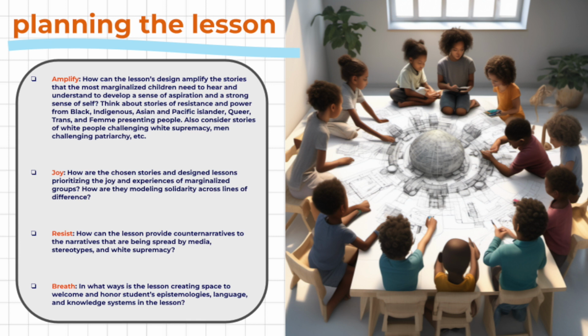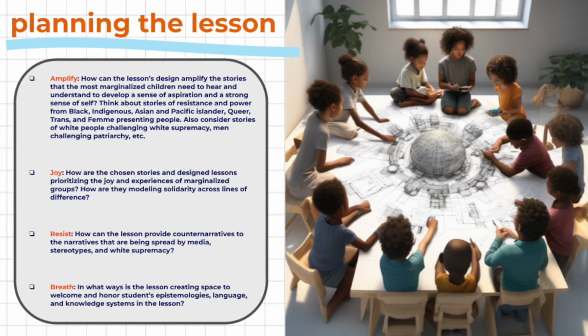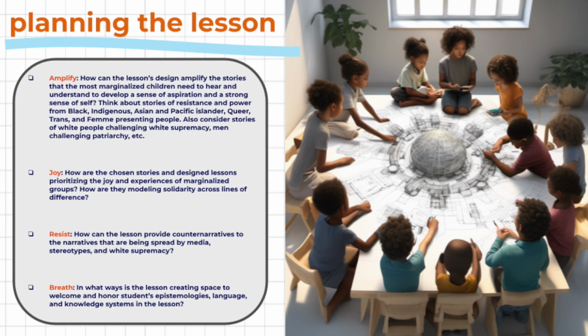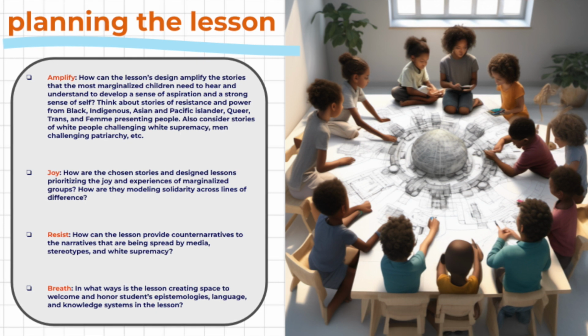So for amplify, how can the lesson design amplify the stories the most marginalized children need to hear and understand to develop a sense of aspiration and a strong sense of self? And so think about stories of resistance and power from Black, Indigenous, Asian, and Pacific Islander, queer, trans, and femme presenting people.